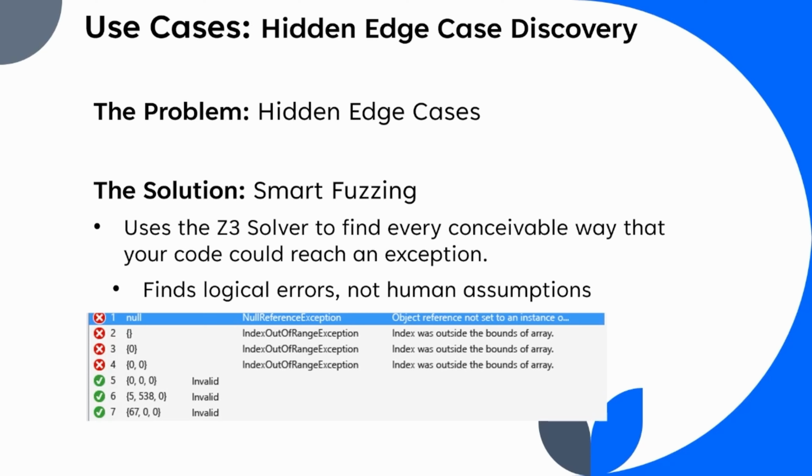So, what IntelliTest does is white box path exploration or smart fuzzing. It uses this absolutely amazing open source project called Z3 Solver. You can find it on GitHub, it's out there.